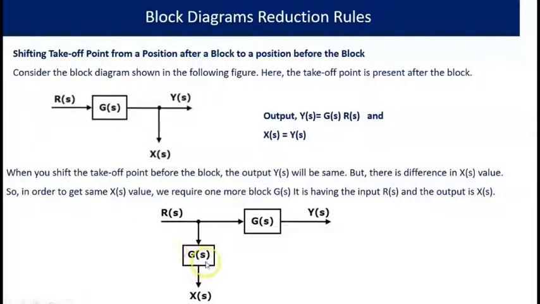We have to add a block with transfer function G(s). Y(s) is equal to G(s)R(s). At this particular point the value is R(s)G(s), so X(s) is equal to R(s)G(s). If we want to shift this, here only R(s) is there, so we have to add a block with transfer function G(s), so that X(s) is equal to R(s)G(s).